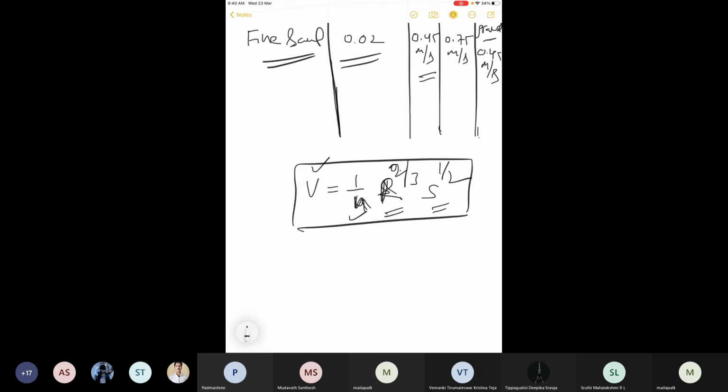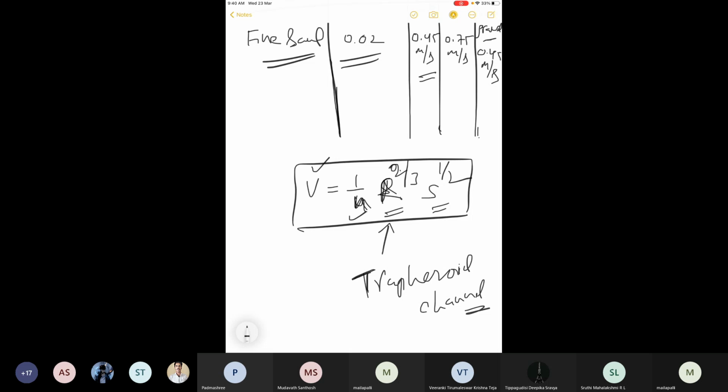So this is mostly for trapezoidal channels that we consider, because of stability. Assuming the side slopes and all, R can be estimated.